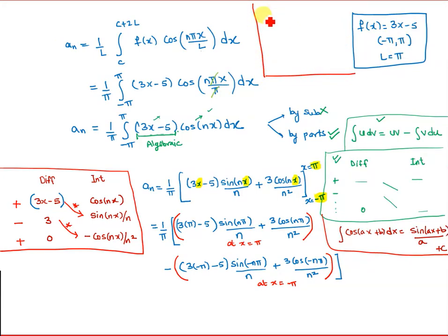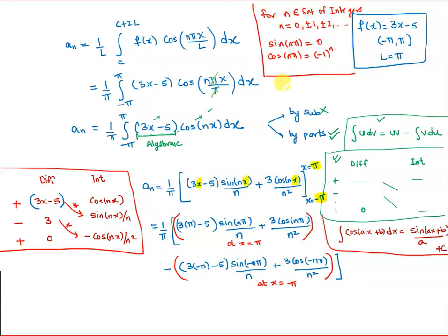For all n belonging to the set of integers, meaning n is 0, plus or minus 1, plus or minus 2, we have sine of n pi equal to 0 and cosine of n pi equal to minus 1 to the power n. So we are going to use these things over here.